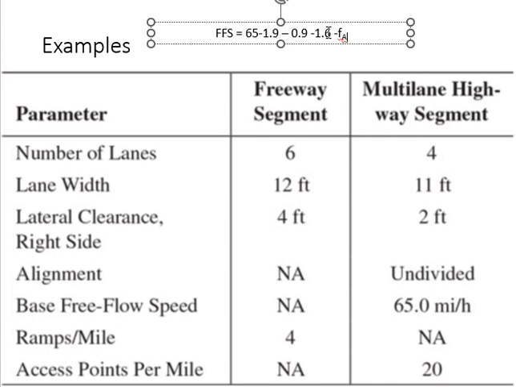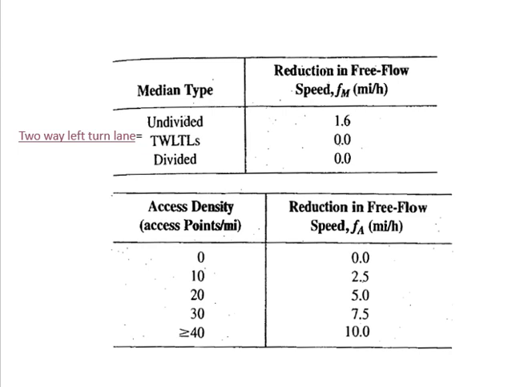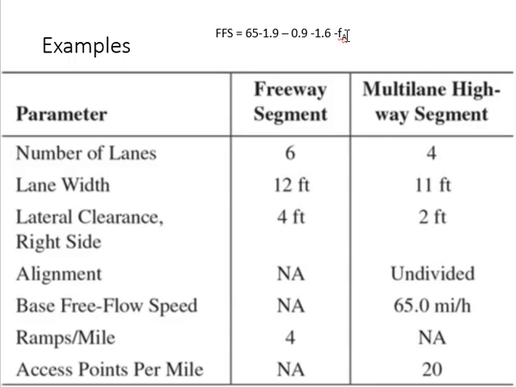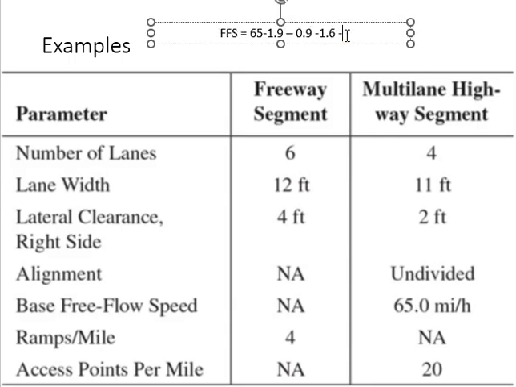Access points are 20, right? So I'll take the factor for 20 access points, which is 5. The free flow speed comes to 55.6.